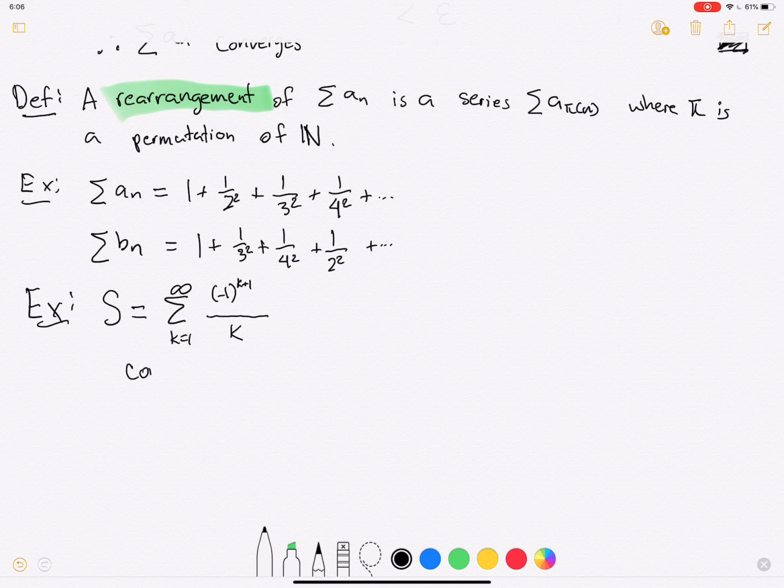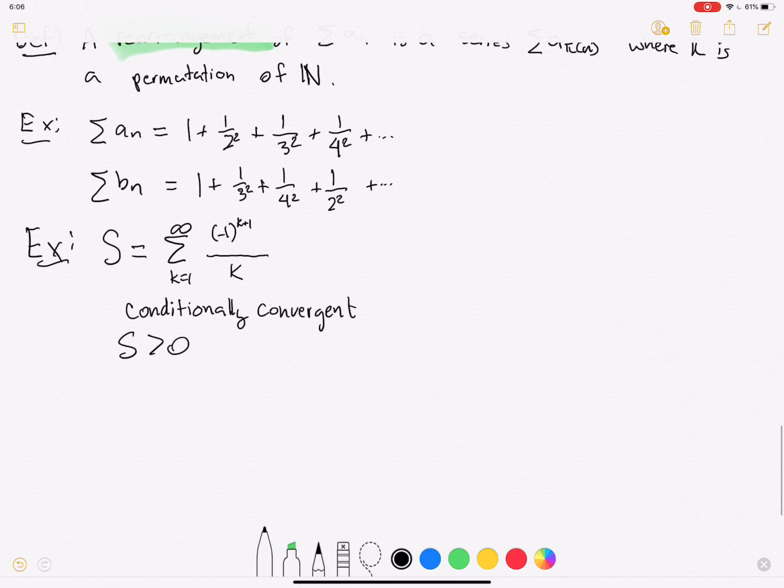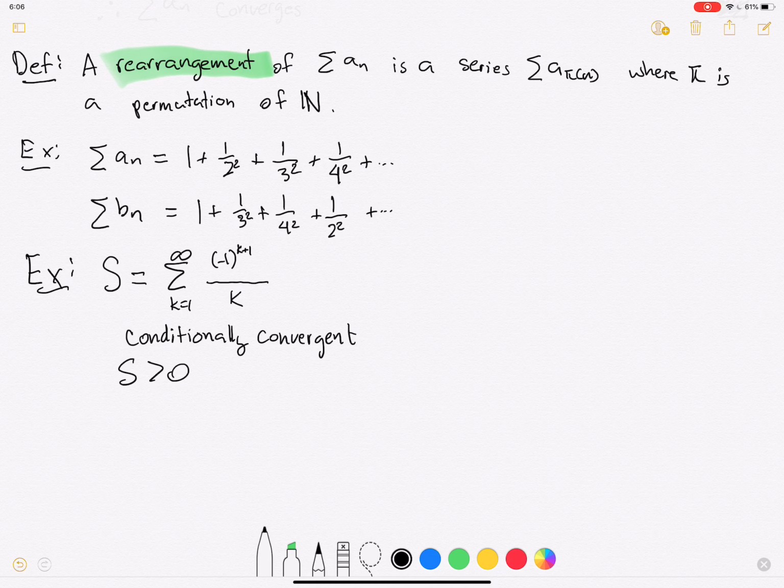This is conditionally convergent because it stops oscillating, so you have a sum of 1 over n plus just a standard sum going to 2. We know that S is greater than 0, and let's keep that definition up there.